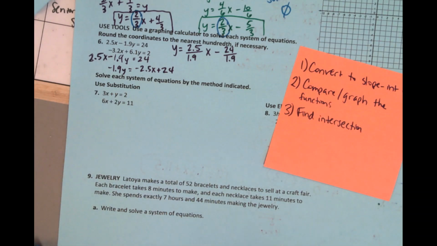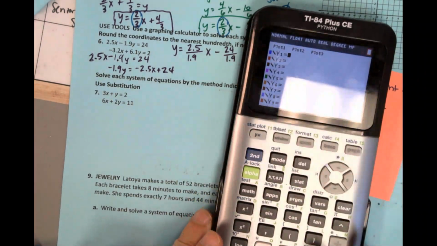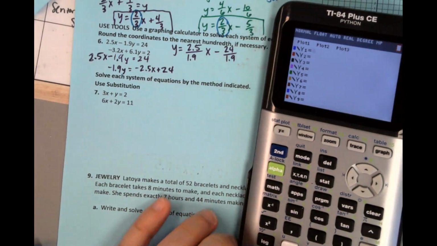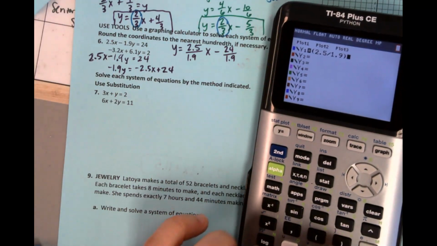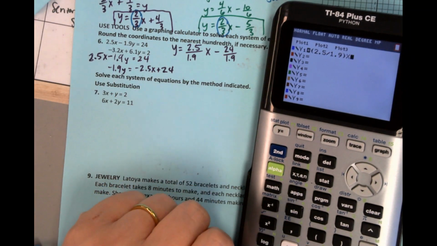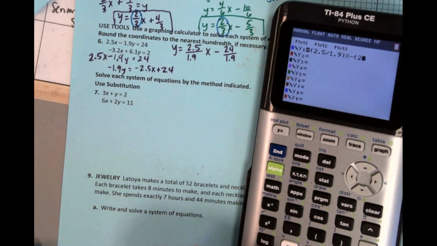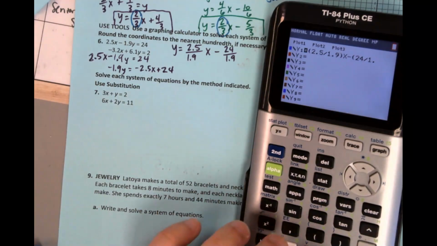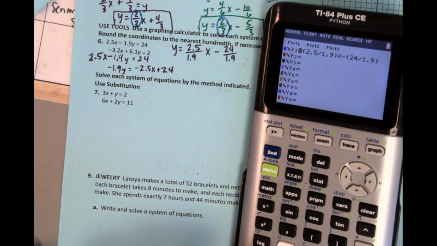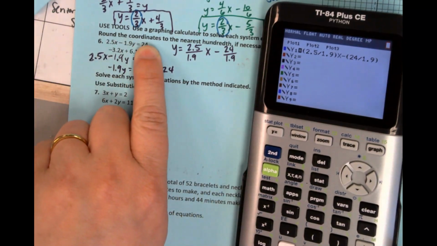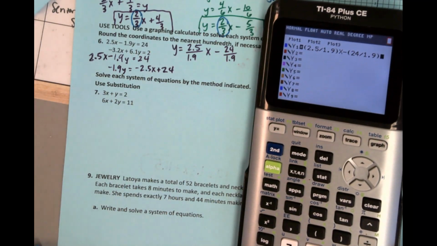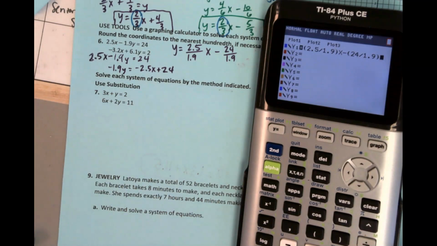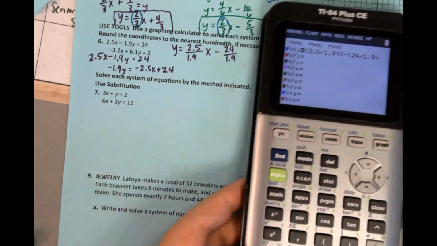When we go to enter this into our calculator, we're going to enter it that way. 2.5 divided by 1.9, close your parentheses, x, minus 24 divided by 1.9. That way I don't have to round yet. It says round the coordinates to the nearest hundredth, but I don't want to round too early because that sometimes screws up my lines, and then my answer would be slightly different. So that's my first line.